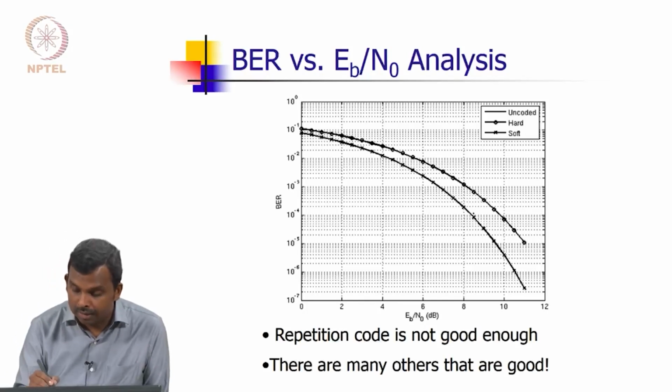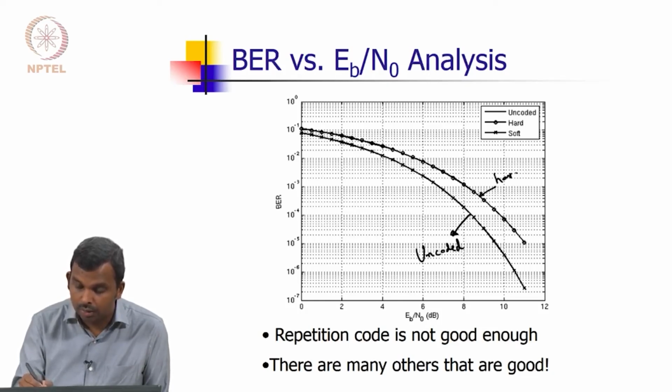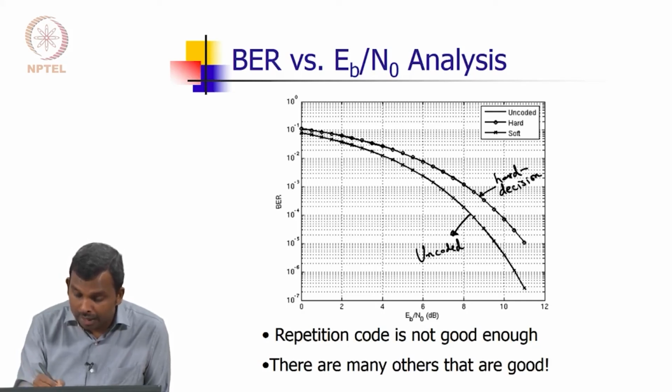So, remember this curve is uncoded, this is the hard decision decoder and it was worse, and in fact the soft decision decoder lies on top of the uncoded curve.